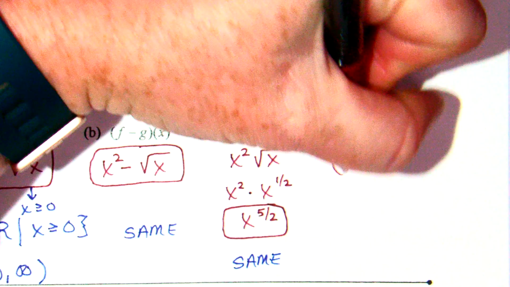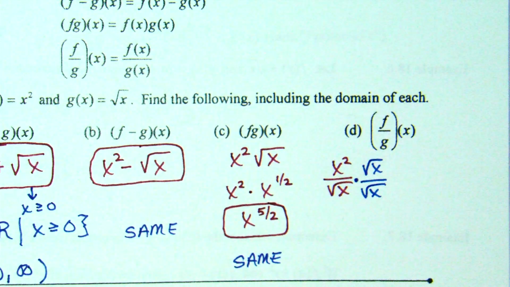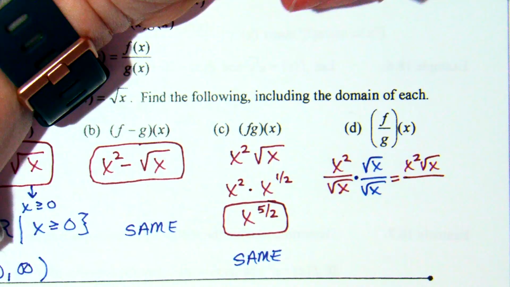I just thought of another way we could have done this. Oh well. So when we multiply on top, like earlier, this is going to be x squared square root of x. What is square root of x times square root of x? X. Could you go one more step there?